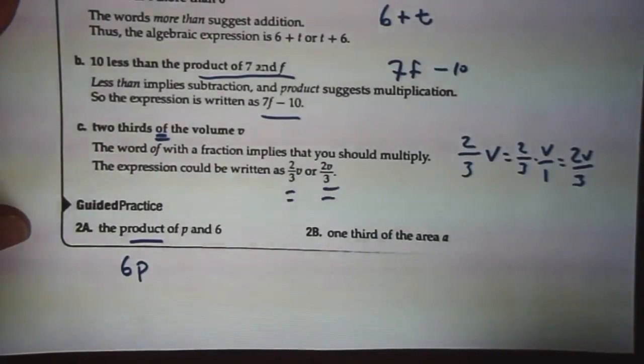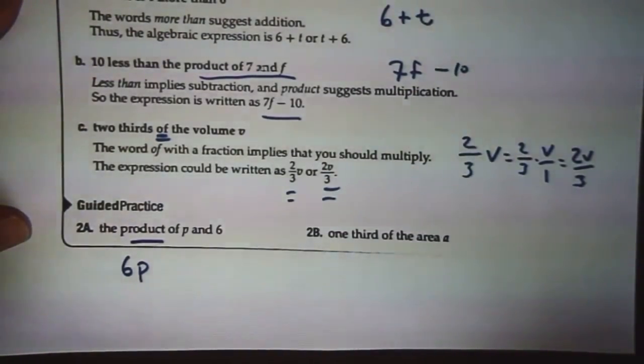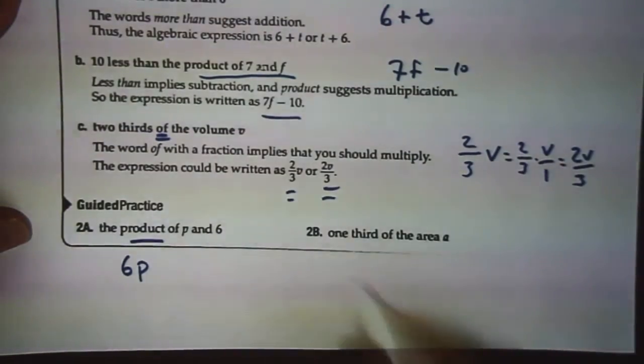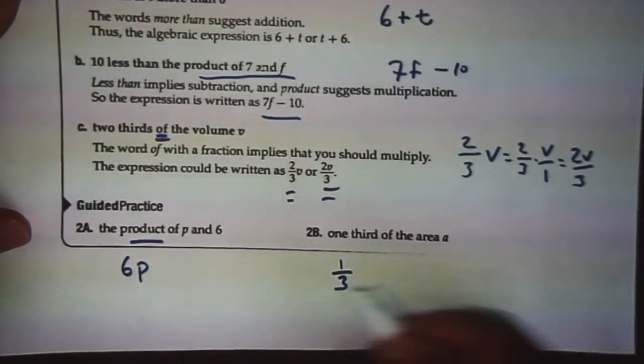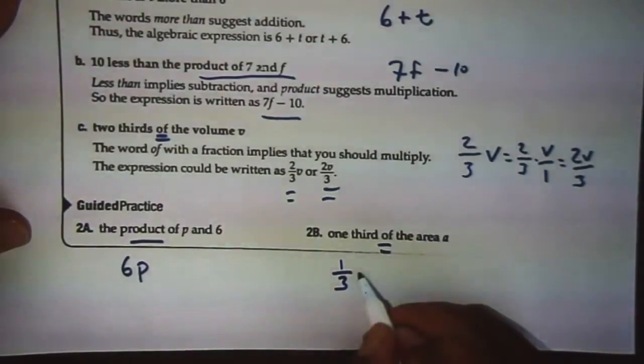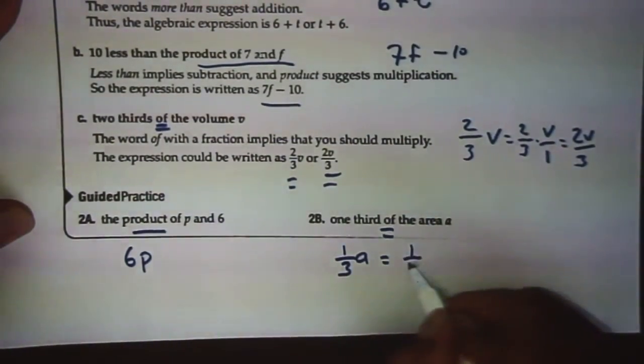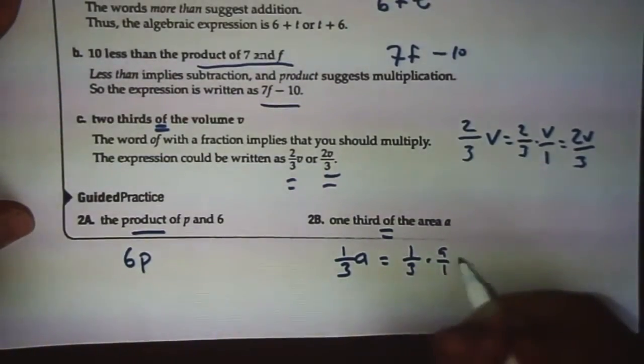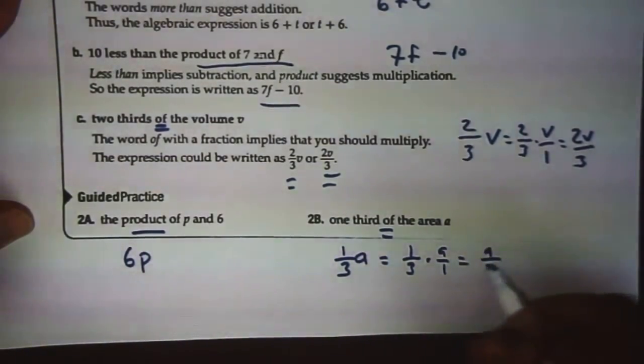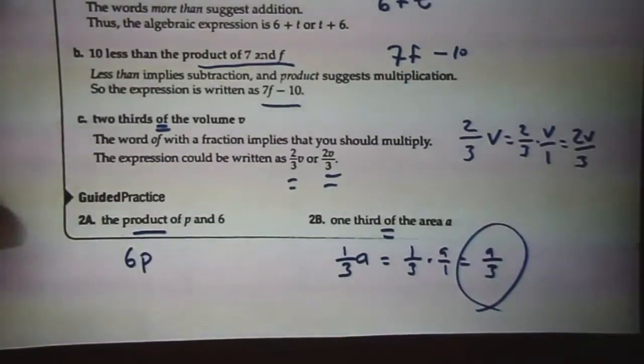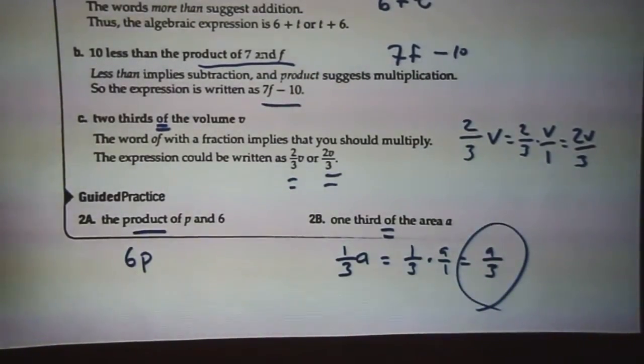You could write p6, but it's always best to put the variable after the number. 1/3 of the area A, so of means multiply, so 1/3 A also can be written as 1/3 times A over 1, which gives us A over 3 as a more simplified version of that answer, A over 3.